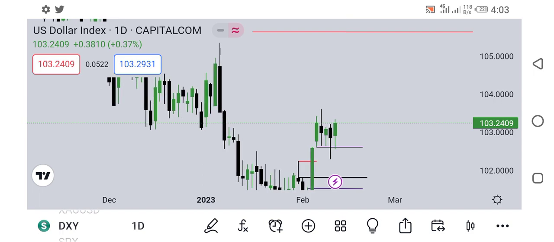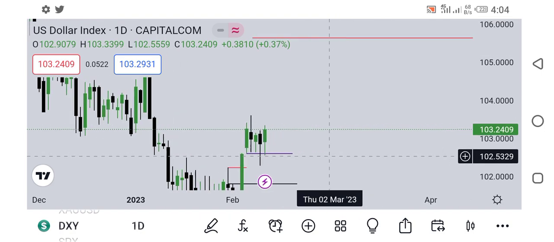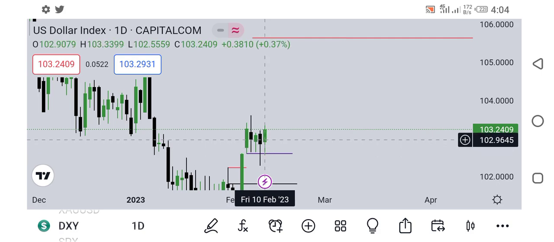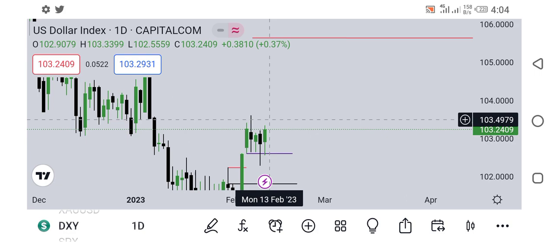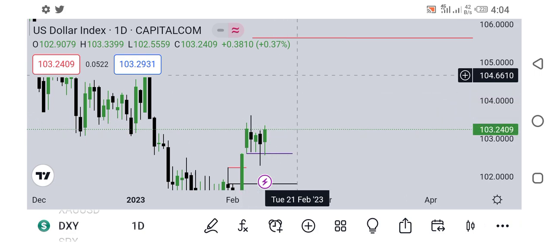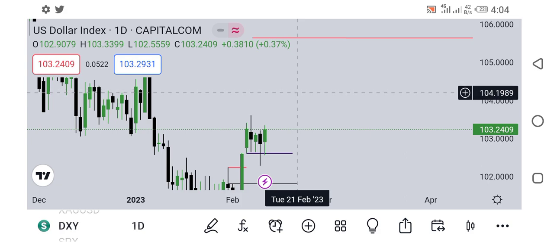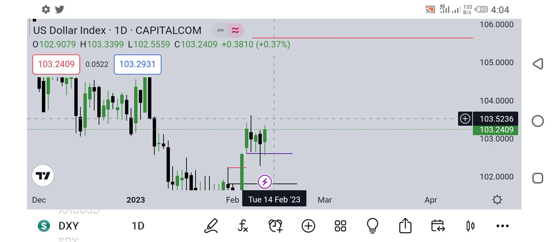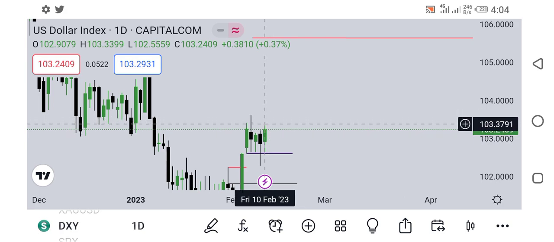If on Monday's trading the market closed above this last candle on Friday, this particular one, with a body, I might decide to aim up on Tuesday if conditions are right. But the market closing above this with a body on Monday will signal to me that there wants to be a buy.